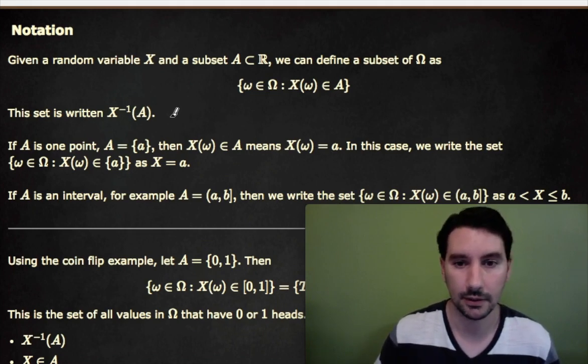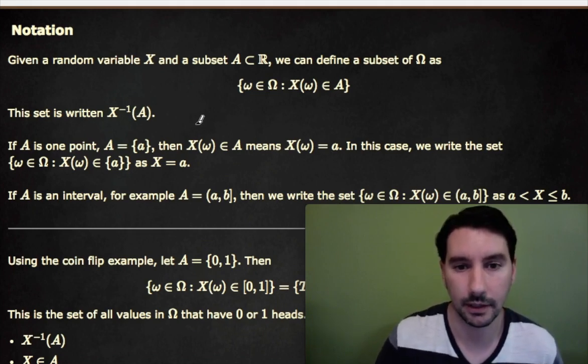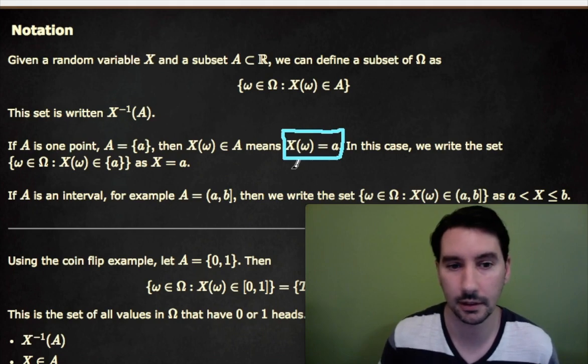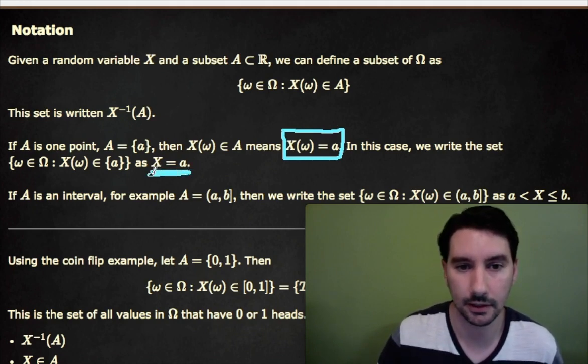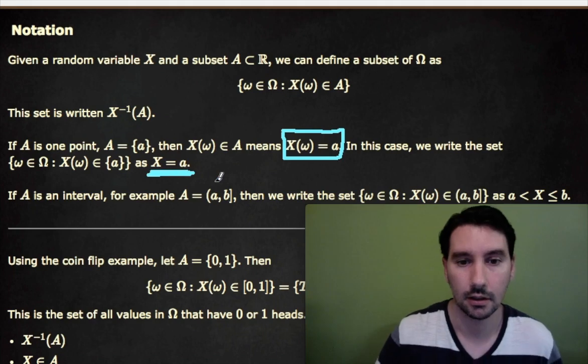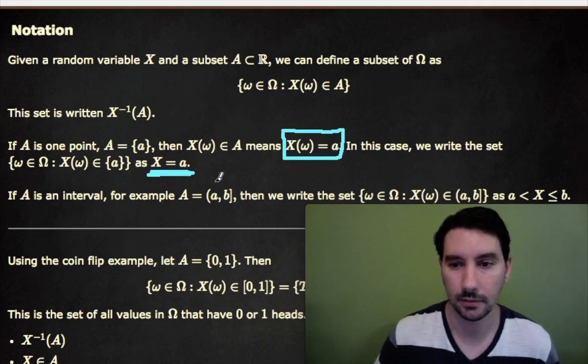If A is a 1-point set, then instead of writing it this way, we could also just write X equals A, the set of omega such that X of omega equals A. And we even reduce that down to the simpler notation, just X equals A. So just below, I'm going to show an example of what this means, but we're going to use this notation a lot for random variables.